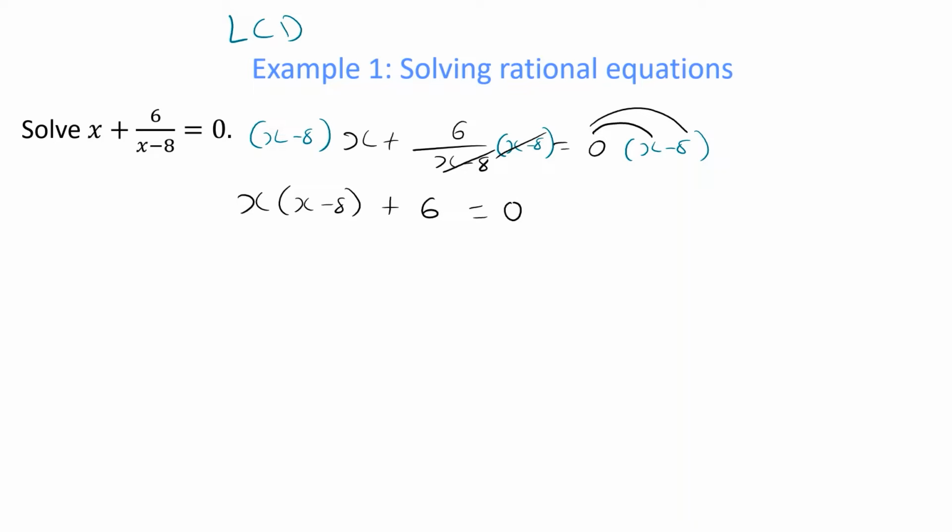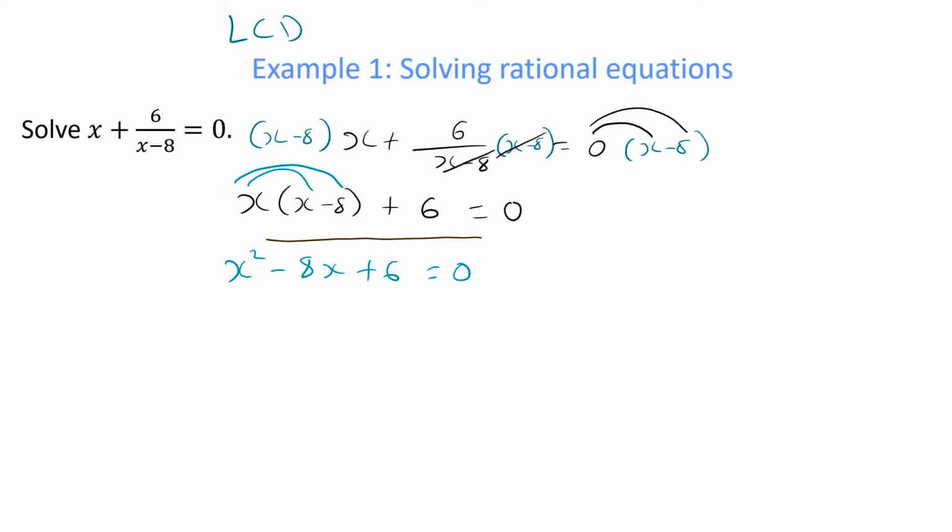It is important to recall that anything multiplied by 0 is 0. Next, we will use the distributive property to multiply the terms. So x multiplied by x gives me x squared. x multiplied by -8 is -8x, + 6 = 0.